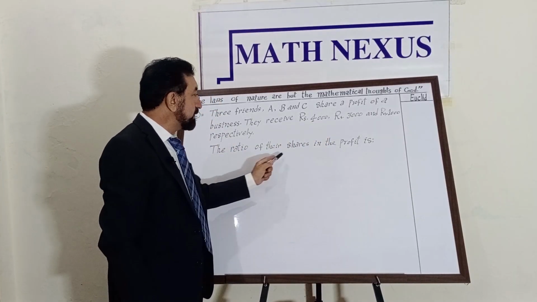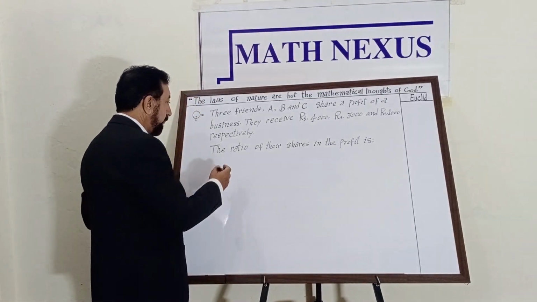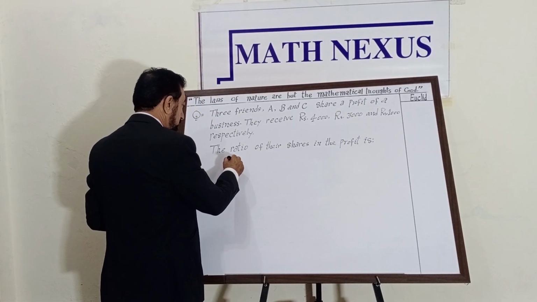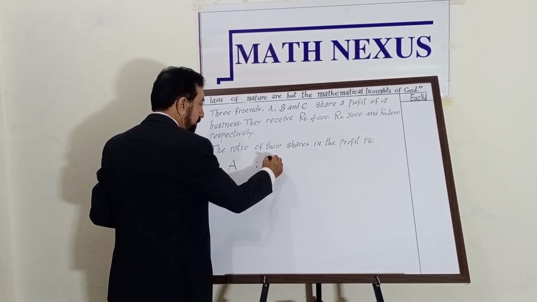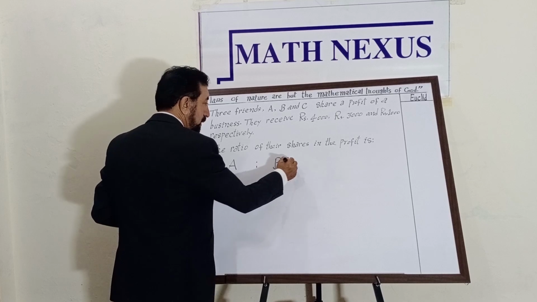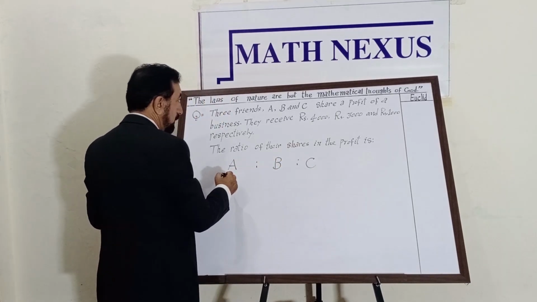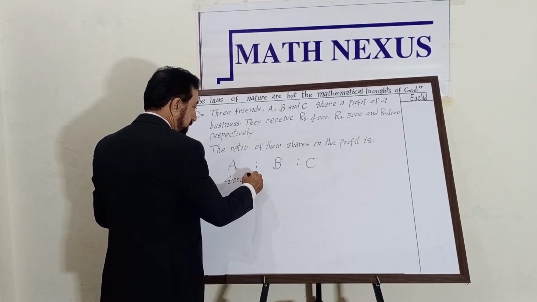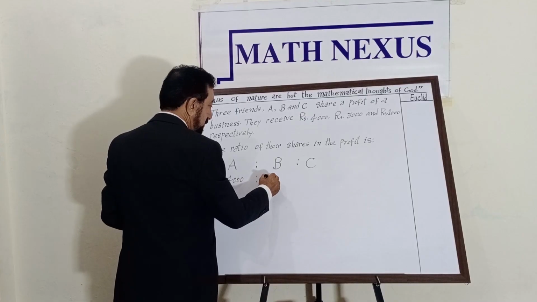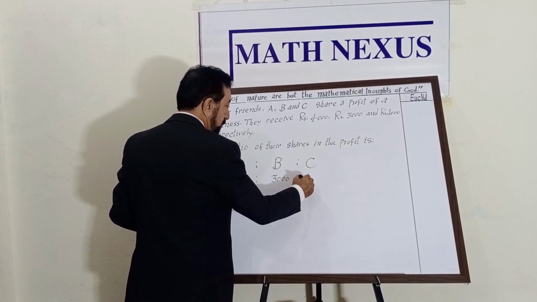The ratio of their share in the profit is A ratio B ratio C, that is Rs 4,000, 3,000 and 1,000.